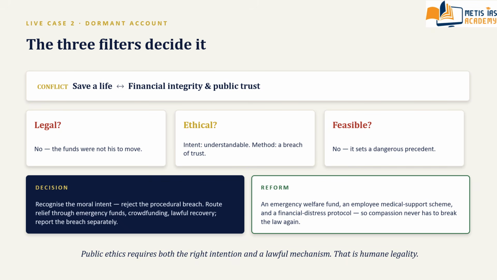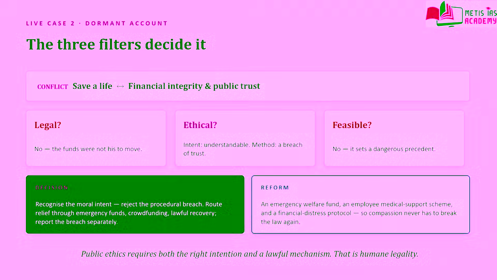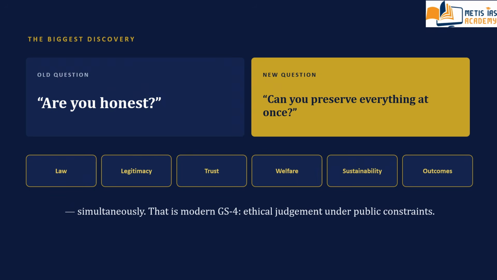So public ethics requires both the right intention and a lawful mechanism. That is human legality. That is the need of the hour here. You have to notice something very clear: the manager's intention was ethical, but the mechanism was not. Public ethics requires both intention and mechanism.